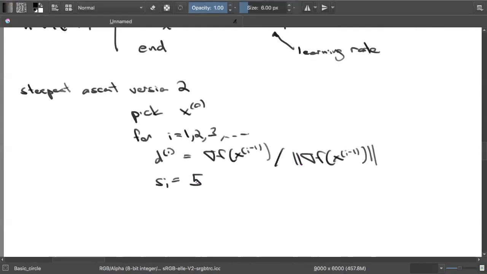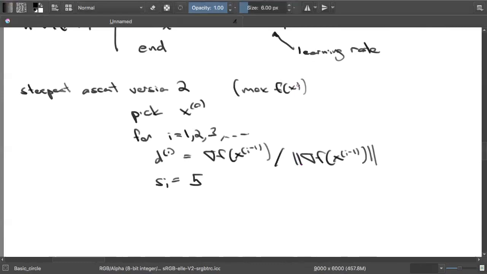Let's say we're trying to maximize f of x. And let's say you try 5 and then you try 2.5 and 10. What would you check? You take a step size of 2.5, 5, and 10, and for each one, what would you do?